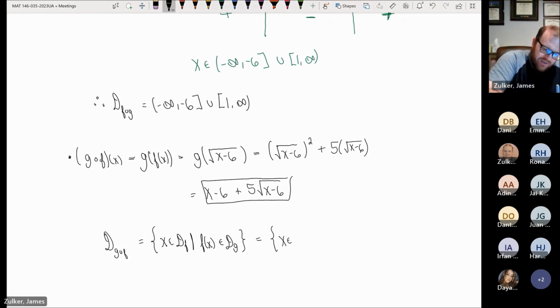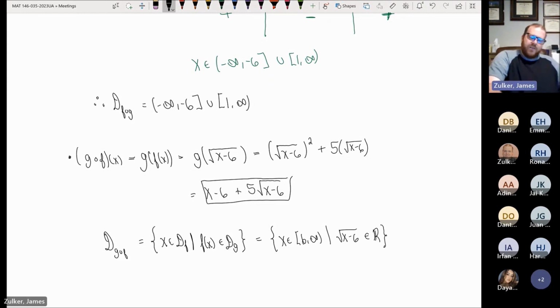Written another way, we want values of x that are greater than or equal to 6 that would make the square root of x minus 6 a real number. Well, isn't that just every single value then?